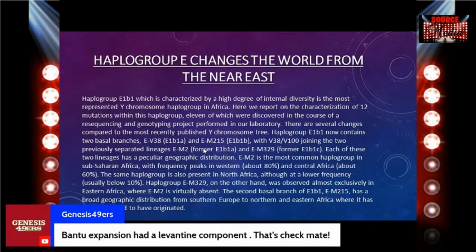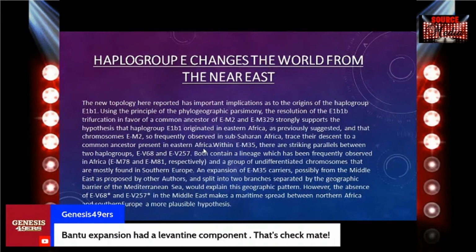The second basal branch of EP2, EM215, which is E1B1B, has a broad geographic distribution through South Europe and Northern and Eastern Africa, where it has been proposed to have originated. The new topology has important implications as to the origins of the haplogroup EP2.